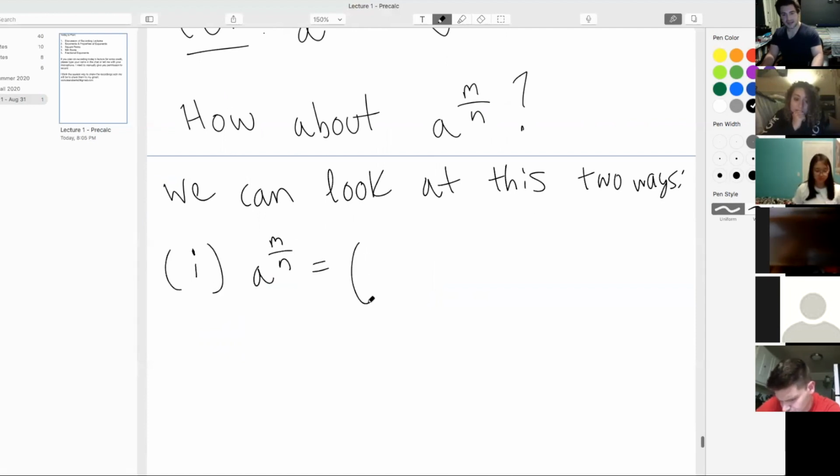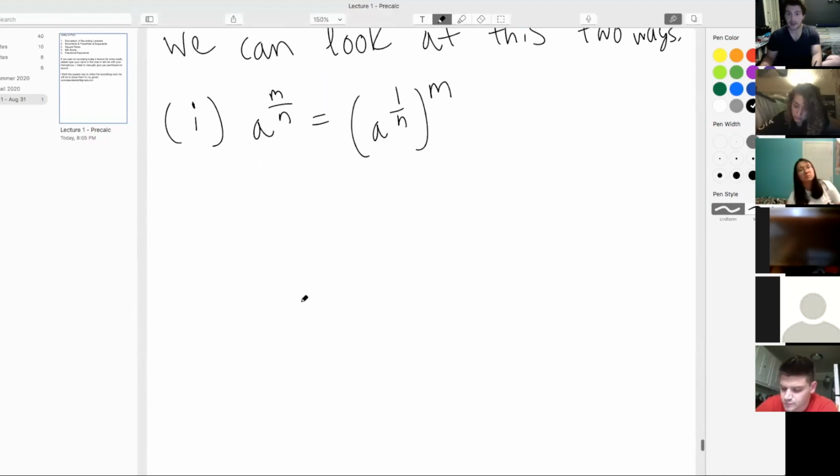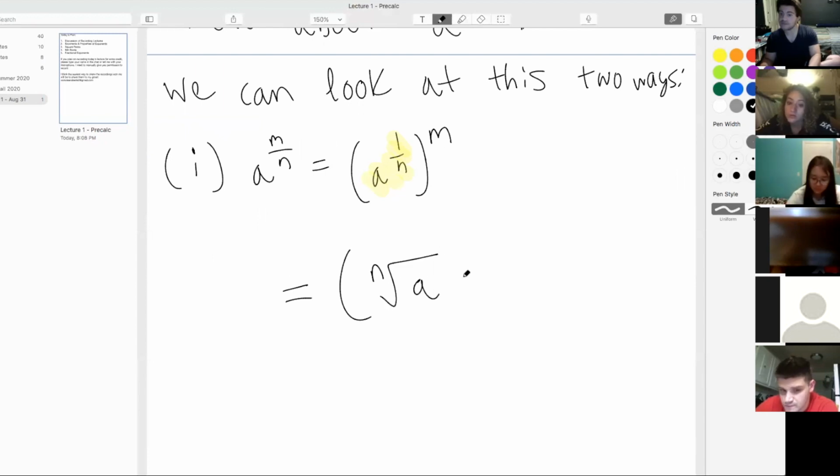This is the same as a to the 1 over n to the mth power. And that's true by our power rule. If I multiply the two powers together, I would get back a to the m over n. But we actually have a definition for that inside of the parentheses. We rewrite that as the nth root of a, because that's what we defined a to the 1 over n as.